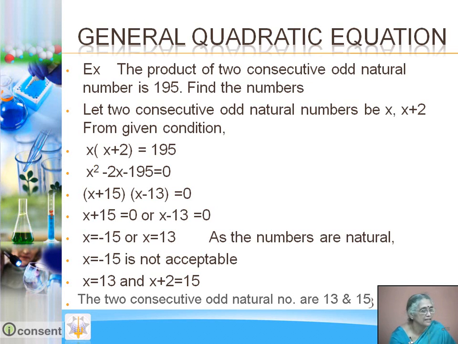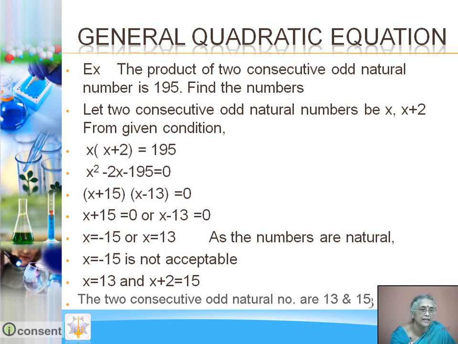So we write the equation as x into (x plus 2) is equal to 195. When you open the bracket, you will get x square plus 2x minus 195 is 0. And obviously you can solve the quadratic equation by splitting the middle term. You can write x is equal to minus 15 and x is equal to 13.